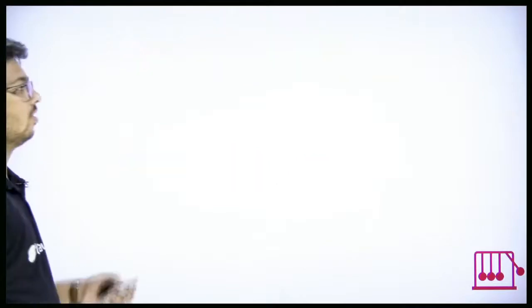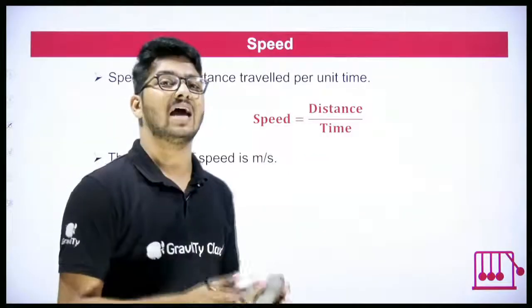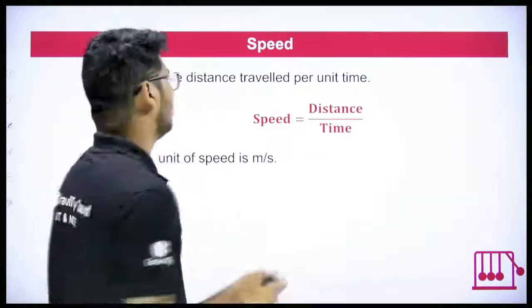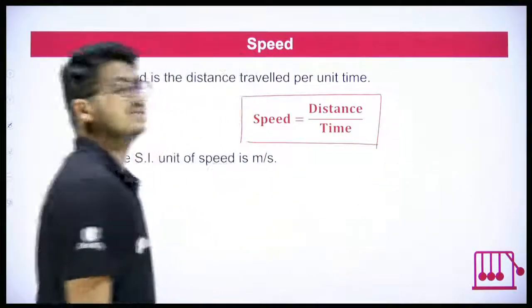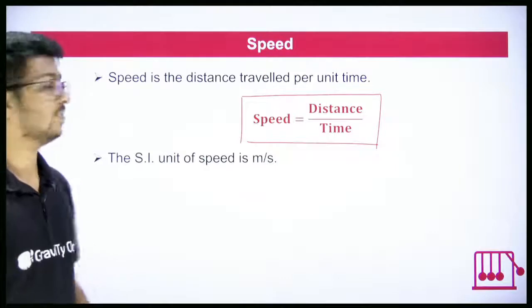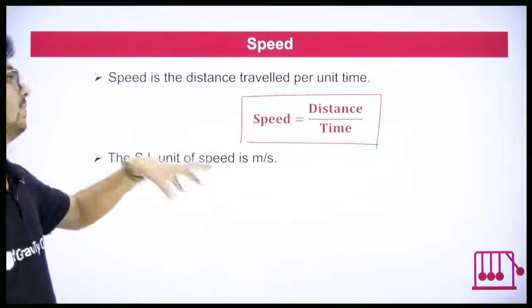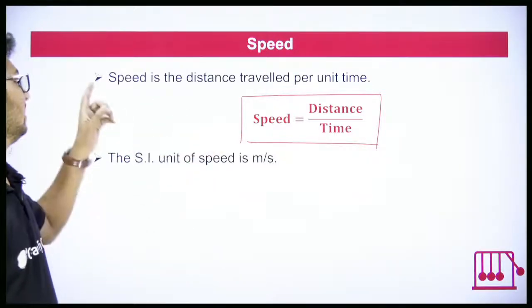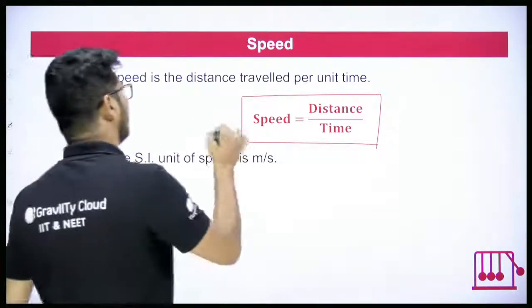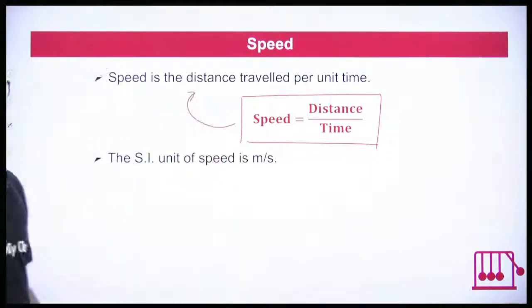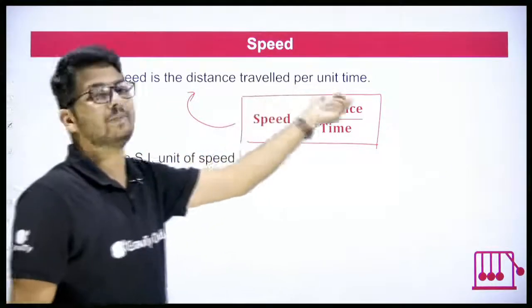So, mathematically, we have a formula for speed. What is the formula? Speed is equal to distance divided by time. From the formula itself we get the definition. Speed is distance traveled per unit time.